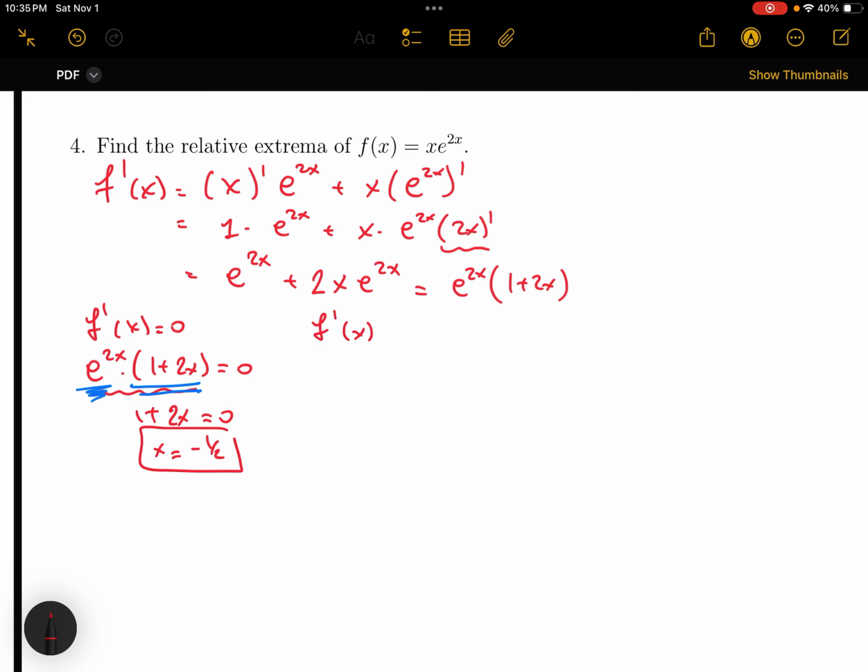Also, f prime of x exists for all the real numbers, which means there is no value of x where the first derivative would not exist. Why is that so? Well, e to the power x is defined on R, and the other multiplicand is just a linear function, a polynomial, which is defined everywhere.